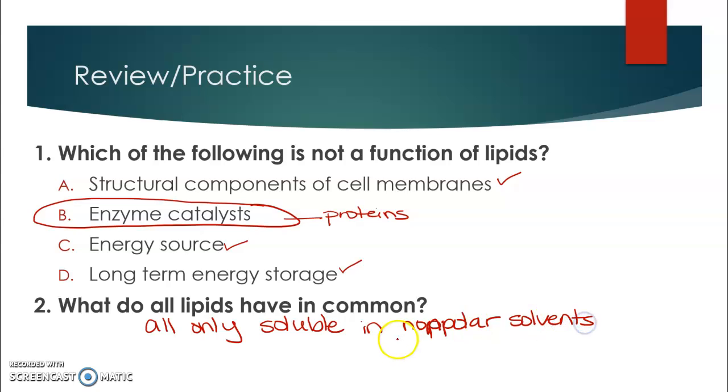So they might have a couple polar groups, but they're going to have so many more non-polar portions that it outweighs it. So they're really largely non-polar. So even if they might have like 1 or 2 little oxygens, it's not enough to compensate for the non-polar portion. So they're only soluble in non-polar solvents.